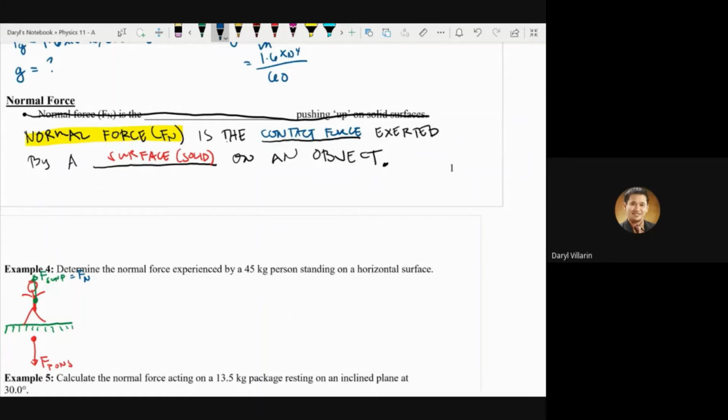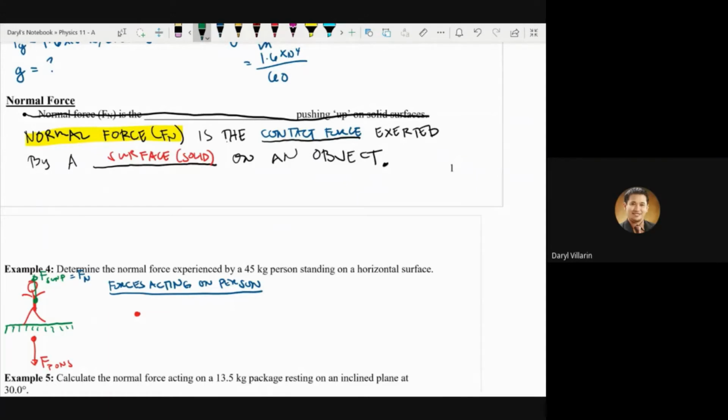So now, if we want to know that normal force, we try to examine the forces acting on the person. So what are the forces acting on the person?